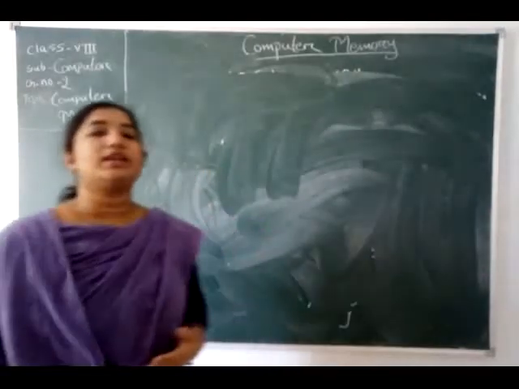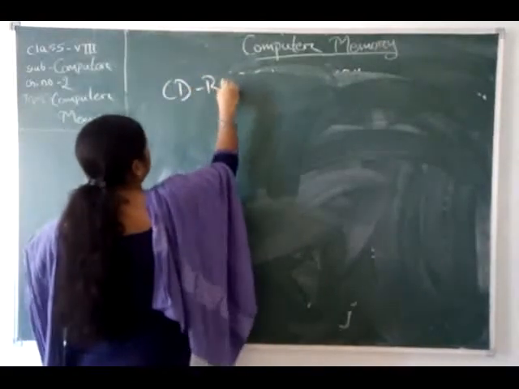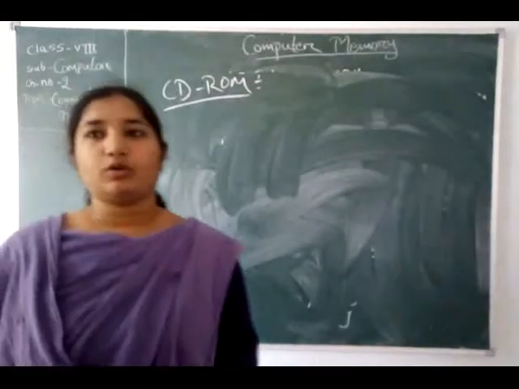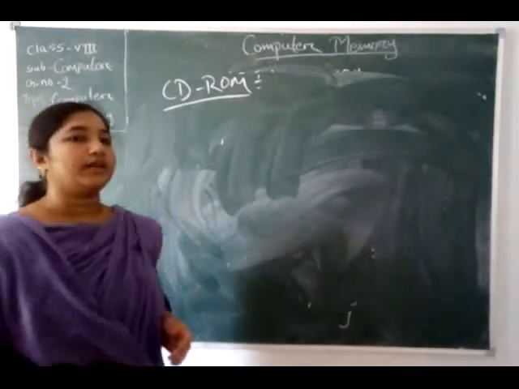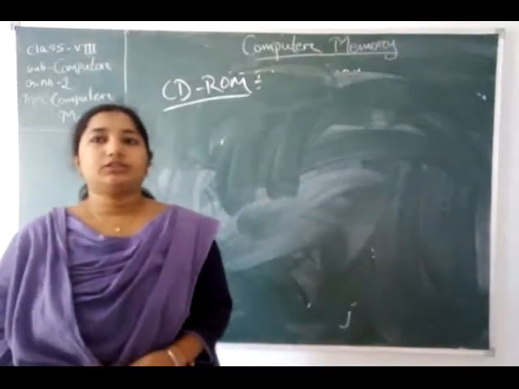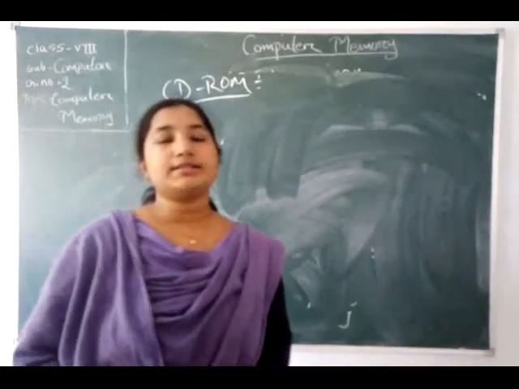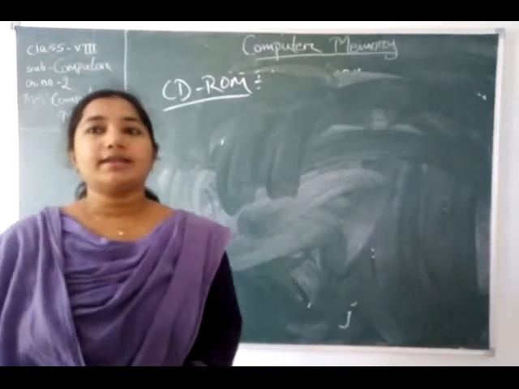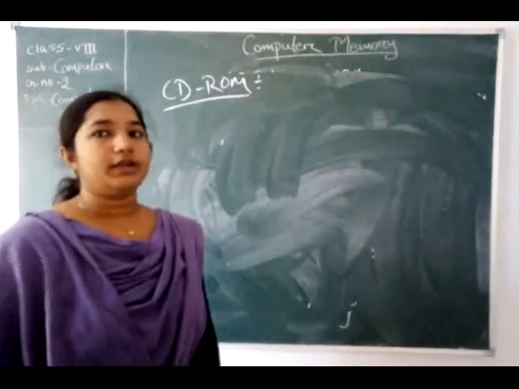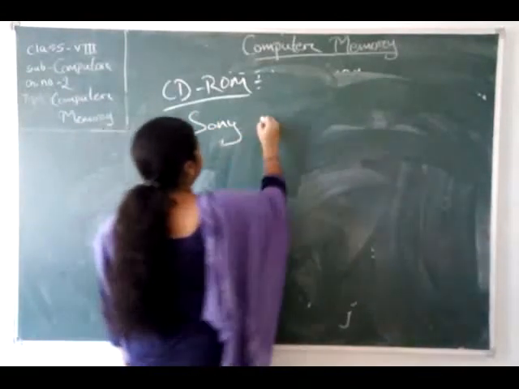So the next one is CD-ROM. So what is CD-ROM and how does it work in secondary memory? CD-ROM is a type of recordable CD. It is an optical secondary storage device invented by Sony and Philips.